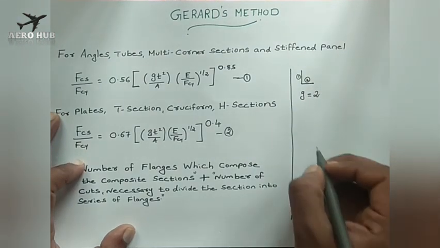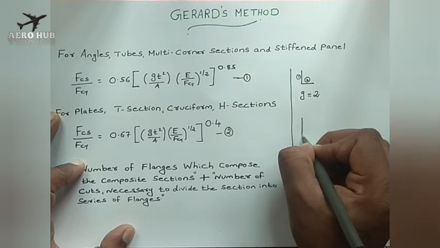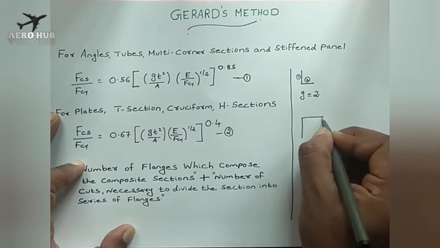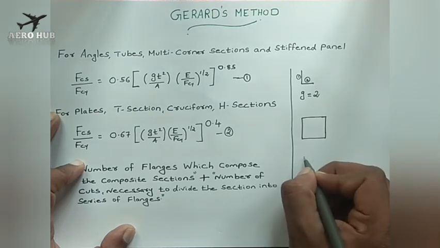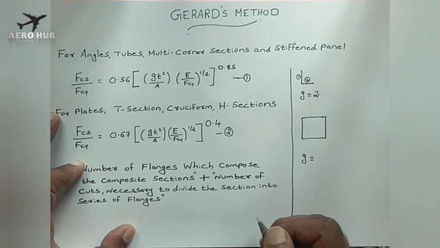Similarly, I take a square section, and now we have to find the value of G for this square section. The important thing is that we have to convert the section into a number of angle sections.